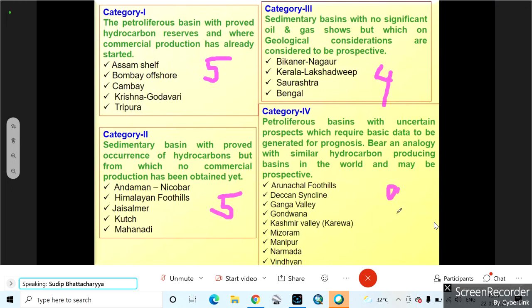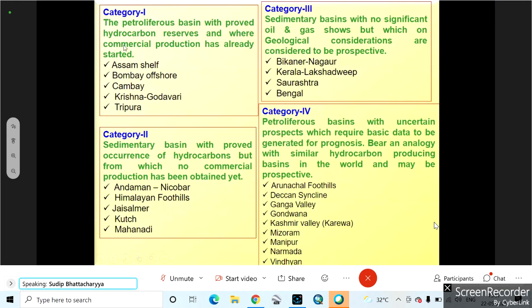All total it is 23. So the 23 sub-basins that we declared earlier as hydrocarbon basins match with this. Based on hydrocarbon perspectives, ONGC has categorized them like this.